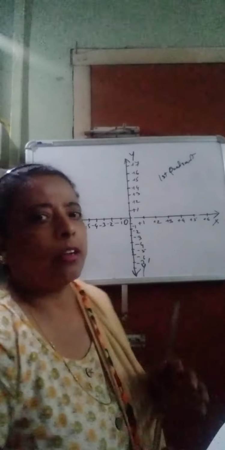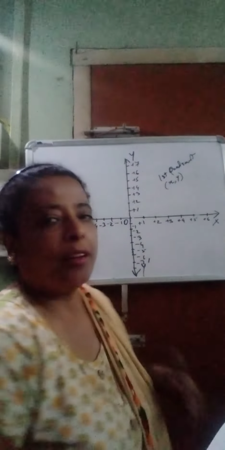Here you will see in the first quadrant, suppose we take a point here, x and y. Both x and y are positive.